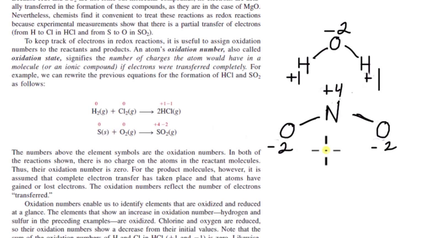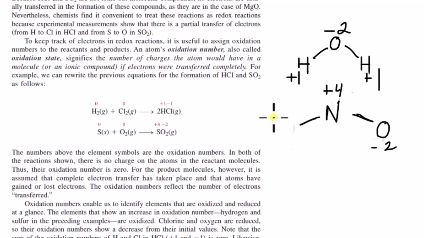It's just a tool that helps us track where electrons have shifted in a chemical reaction. We don't care about the degree of the shift. We just want to know, did we start with a neutral oxygen, let's say, with no polarity, and then end with electrons being more skewed towards oxygens? So we can see how the electrons have shifted.